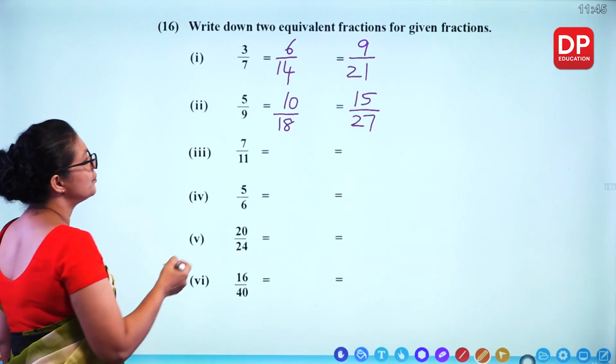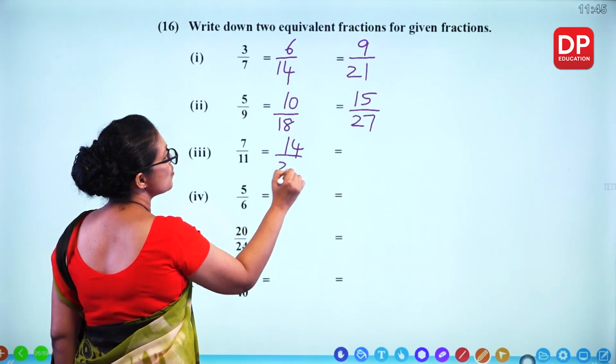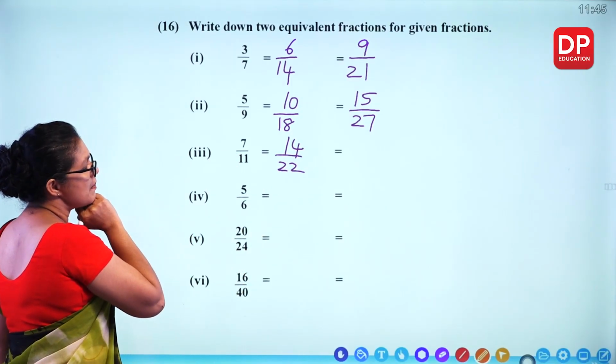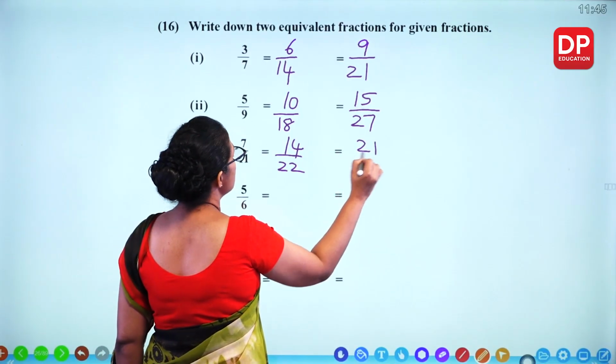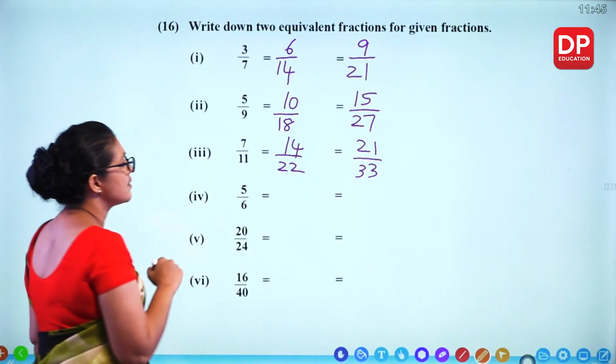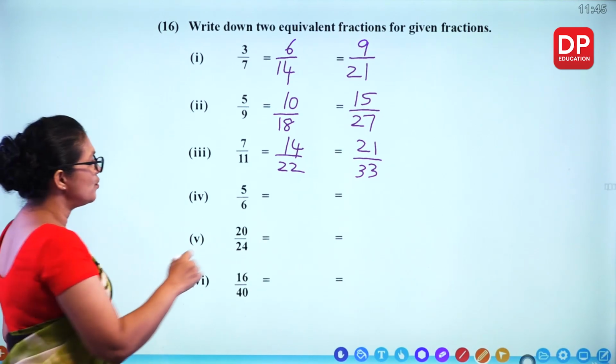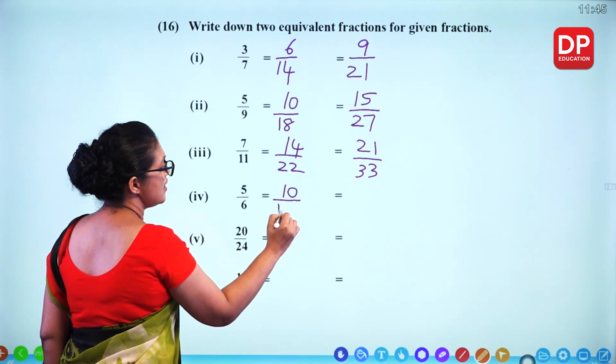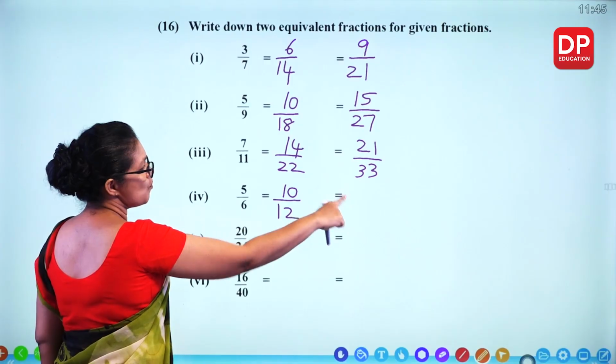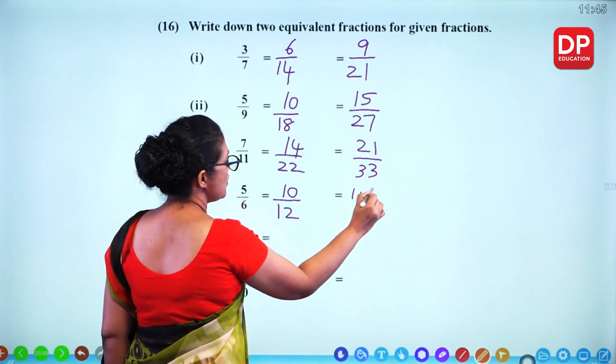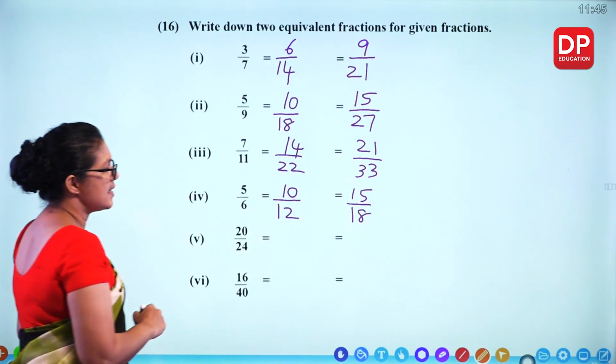Multiply this by 2, 14 and 22. Multiply this by 3, 21 and 33. This one by 2, 10 and 12. This one by 3, 15 and 18.